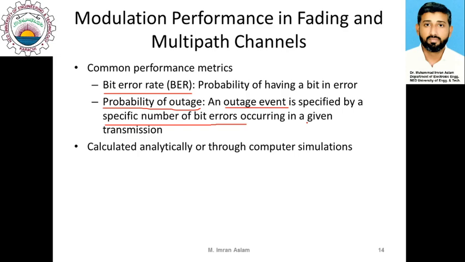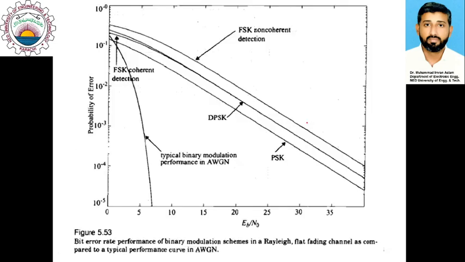These bit error rates and probabilities of outage are calculated analytically as well as through computer simulations. So there are different results. Just for comparison purposes, let me show a simple result of bit error rate performance of different modulation schemes.